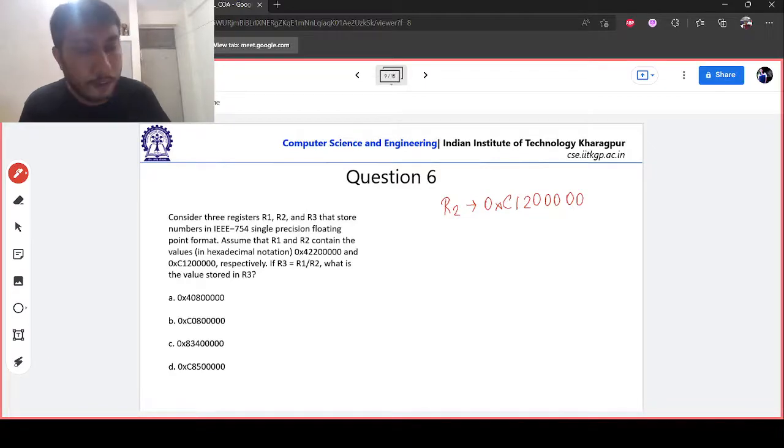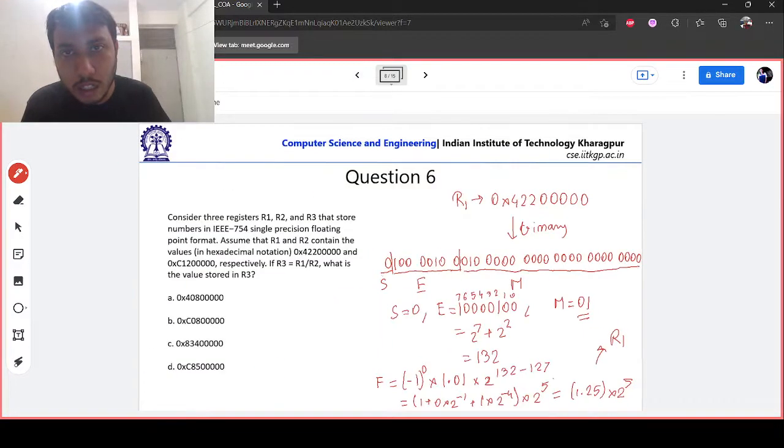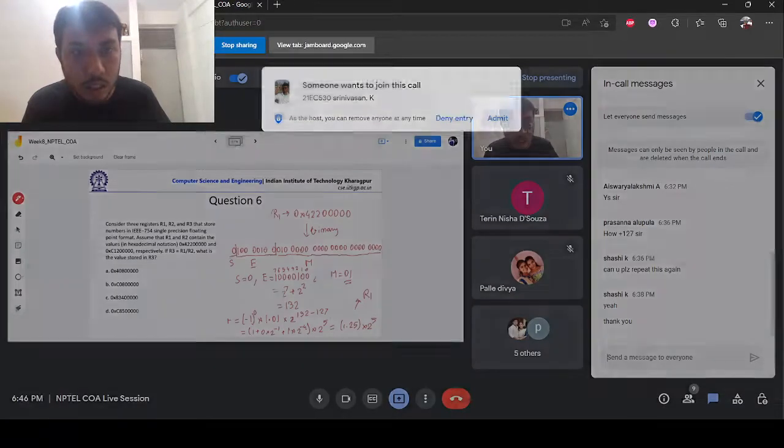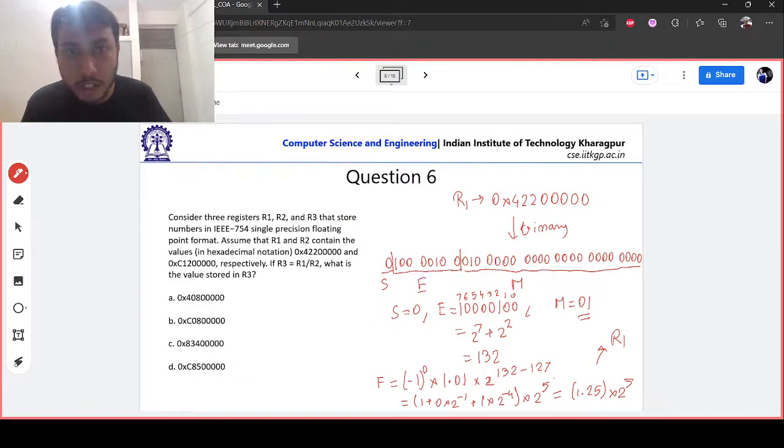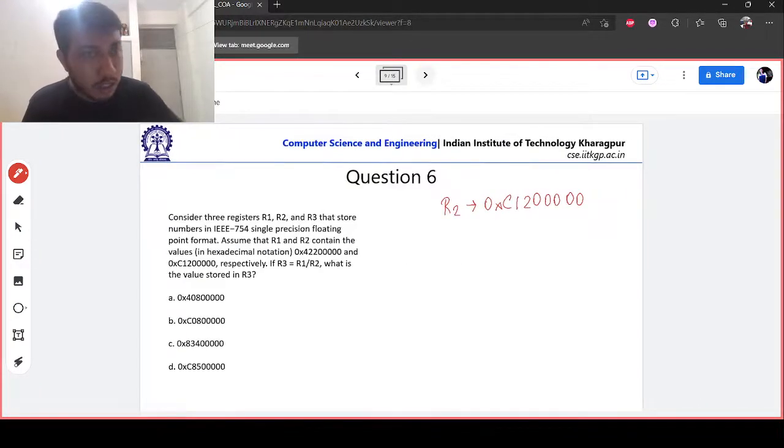Fine, this is the value that is given. Like what we did previously, we converted this into binary and then proceeded. We will again do the same thing here, right?